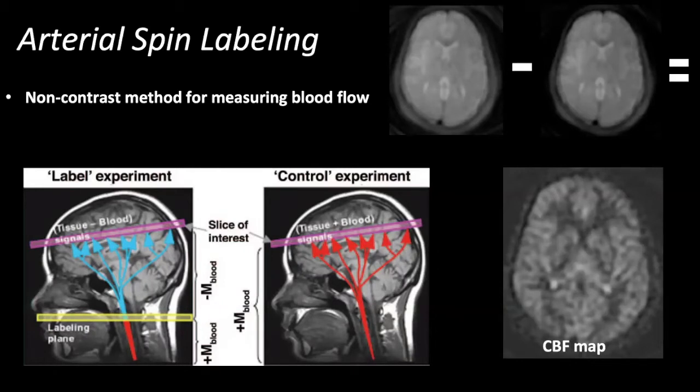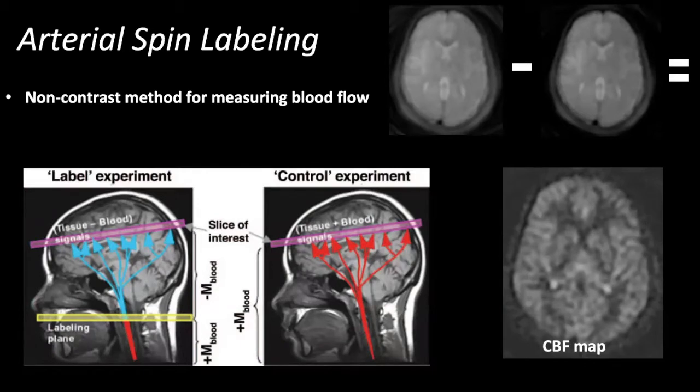This is a non-contrast method for measuring blood flow, which basically works by labeling blood in the neck, allowing that labeled blood to flow into the brain and mix with the normal magnetization of the brain tissue, and then acquire another image without that label, and then essentially just subtract those two images to provide a map of where the labeled blood went, which is in proportion to blood flow, essentially.